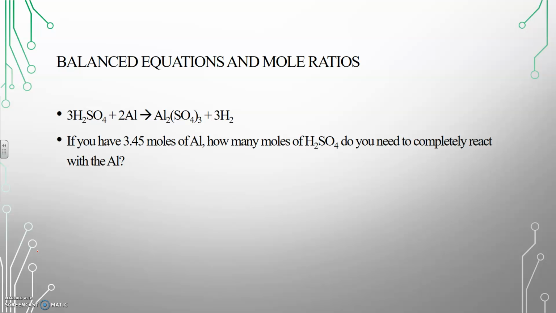All right, so we are given our 3.45 moles of aluminum. Now we need to figure out how many moles of hydrogen sulfate are going to react with that aluminum. So you need to watch your units in this. Now, we have our hydrogen sulfate here is a 3, and our aluminum is a 2.